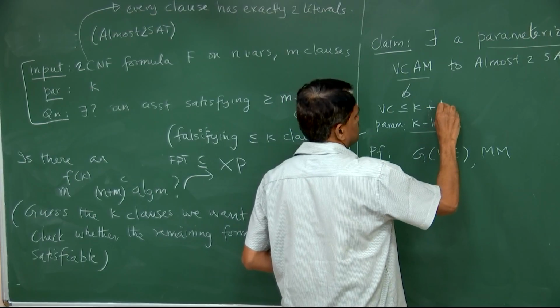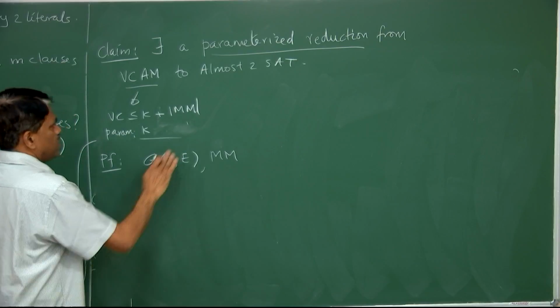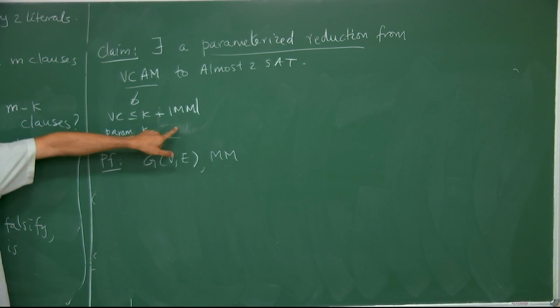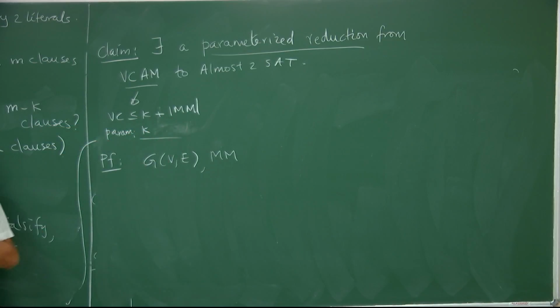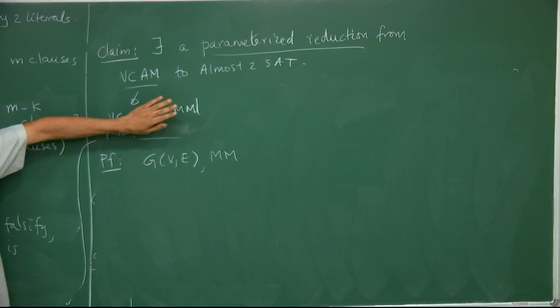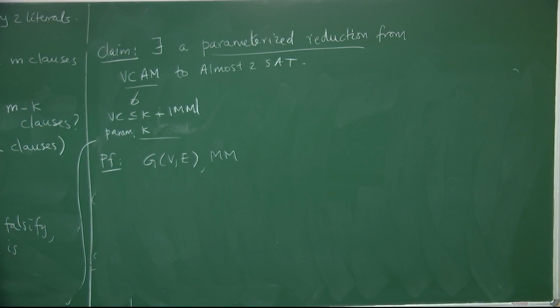One way to state it is this: is there a vertex cover of size k plus the size of the matching, because the matching is a lower bound on the vertex cover anyway. I am giving you k more, and now my parameter is k. This is the same as before, where I took k and used k minus the matching size as the parameter.